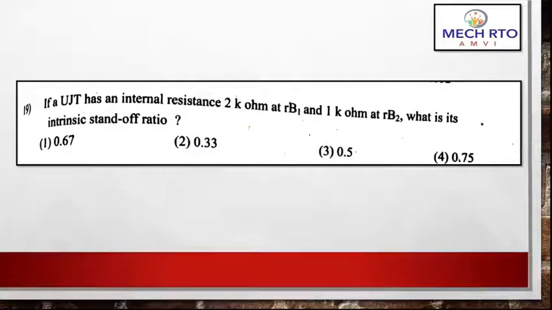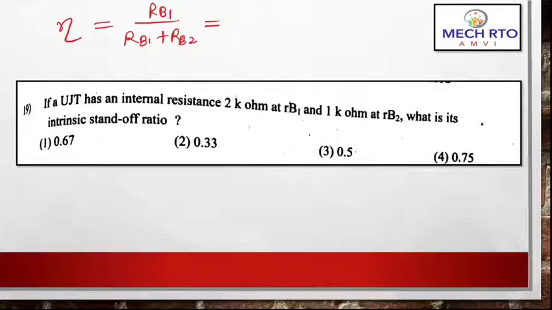Now moving on to the next question. If a UJT has an internal resistance of 2 kilo ohm at RB1 and 1 kilo ohm at RB2, what is its intrinsic standoff ratio? As you have seen, the formula of intrinsic standoff ratio is RB1 upon RB1 plus RB2.